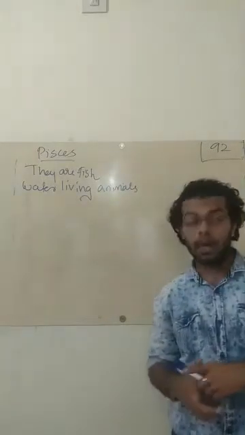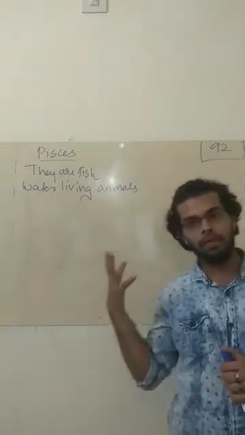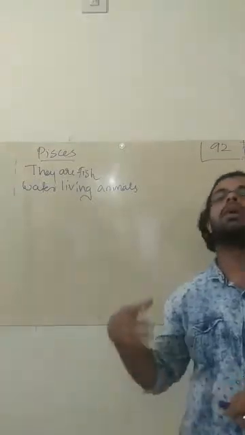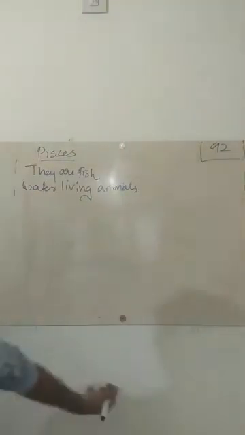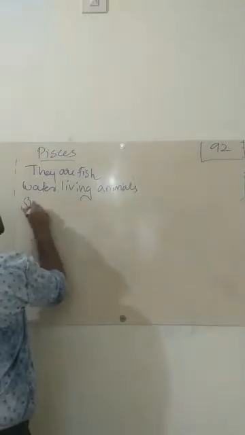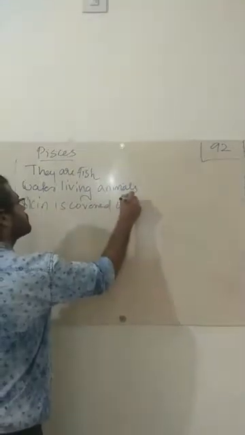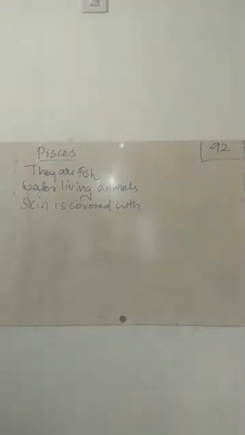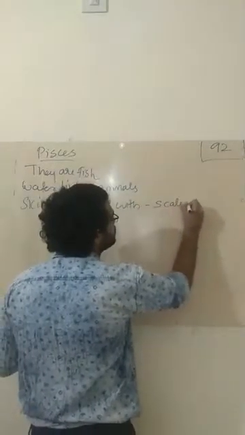So they have specialized structures in their body. They have special organs for respiration, for digestion, for the intake of food, all those things. First we are seeing the skin covering. The skin is covered with scales or plates.